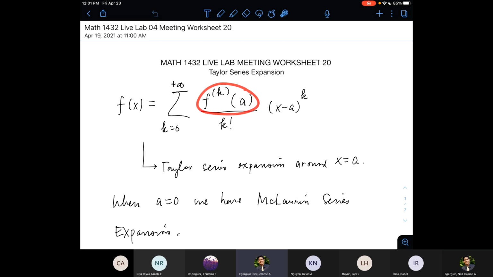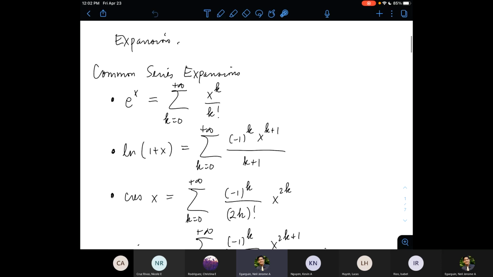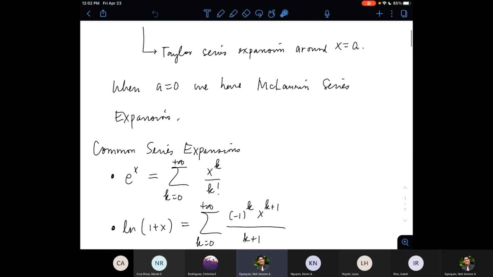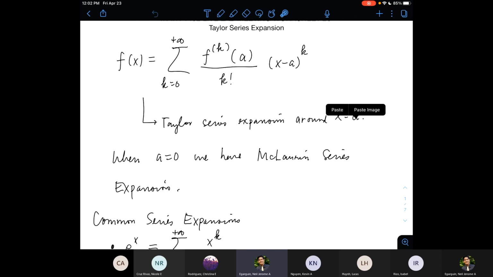Now what you need to do here is to find a general formula for the k-th derivative and then plug in the number a. This will be a nice constant for most functions, so you'll get a pattern. And when a equals 0, which is a very convenient expansion, we only see x to the powers k.